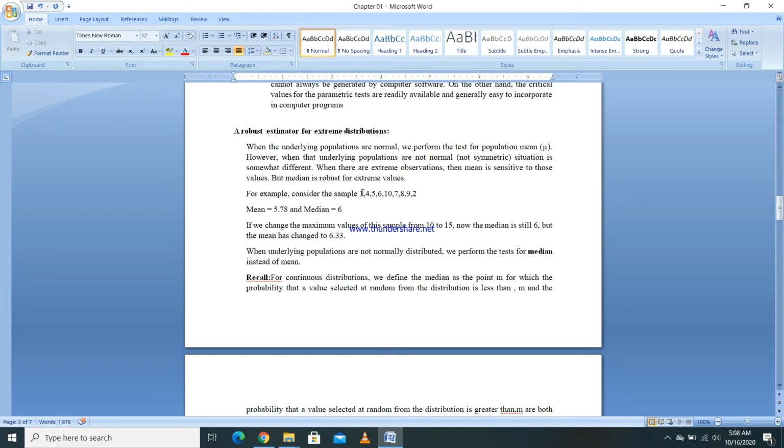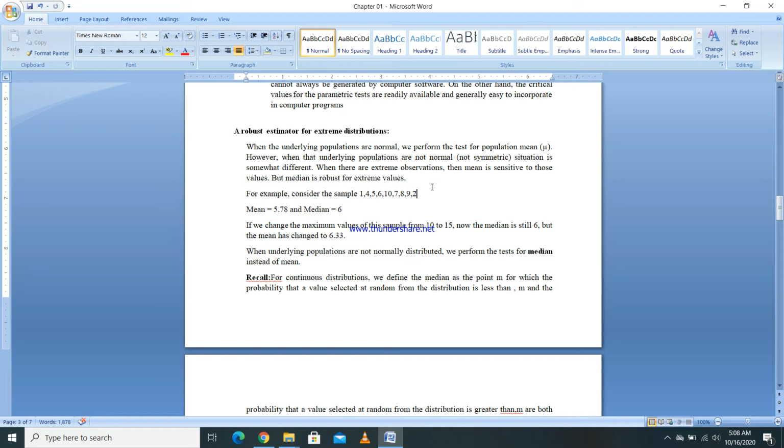You can see this sample of data. You have 9 values: 1, 4, 5, 6, 10, 7, 8, 9, 2. If I ask you to calculate the mean and the median for this simple sample, we take the summation of all numbers and divide by 9, so you get a mean value of 5.78.